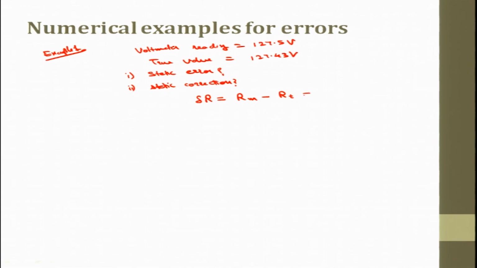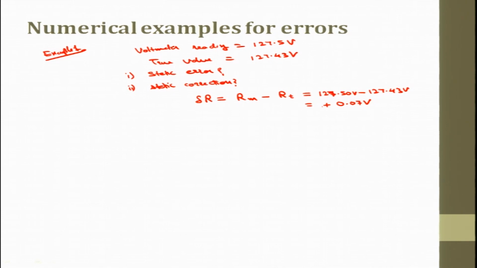So this is equal to 127.5 minus 127.43 volt. This is equal to 0.07 volt. So this is a positive value.